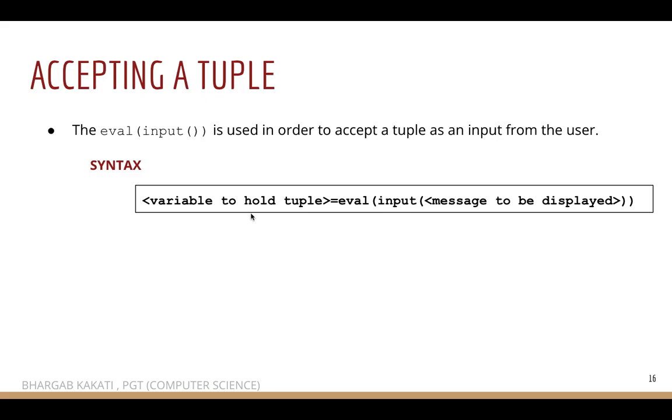The syntax is: variable to hold tuple. Whatever tuple we receive from the user, we need to store it somewhere. So it is variable to hold tuple equals eval input, and within quotes I have to give whatever message is to be displayed. Don't worry, I'll show it with an example.